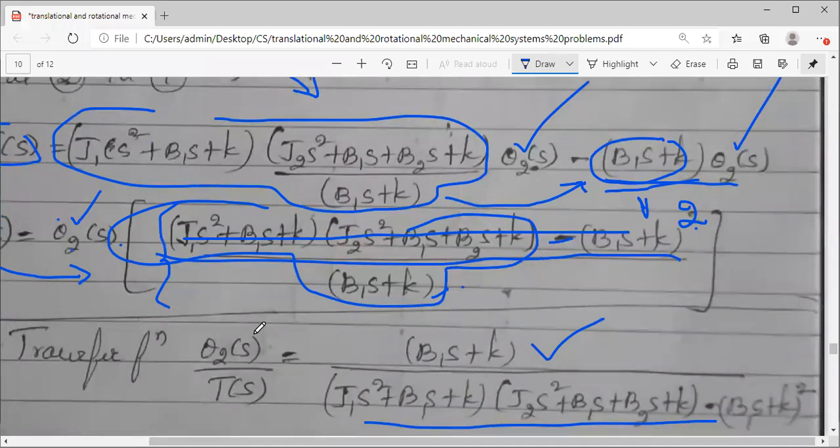Today's problems we have solved are problems on rotational mechanical systems. The important thing is the procedure to solve both these translational and rotational systems. The procedure is the same, just the elements will differ. You need to identify the proper input and output.